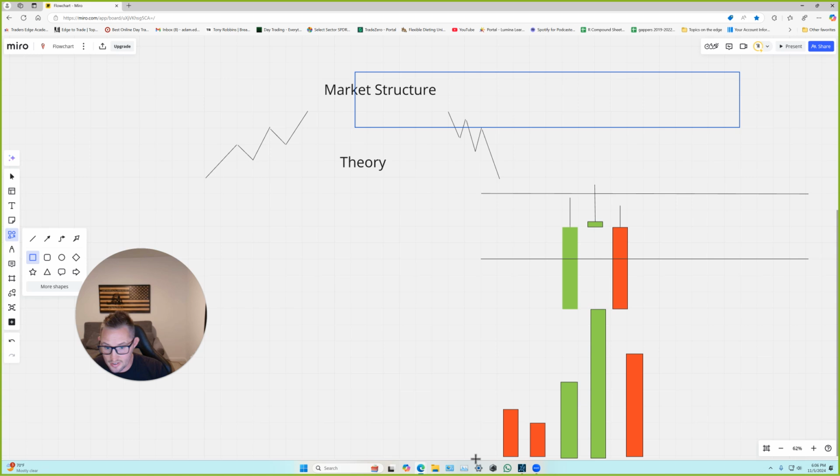Like I said, the color doesn't really matter. But what does matter is this. It's pretty good, and all of a sudden it rips up, and then this has a huge body of volume.